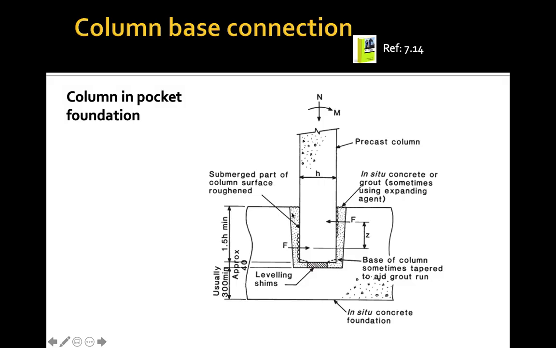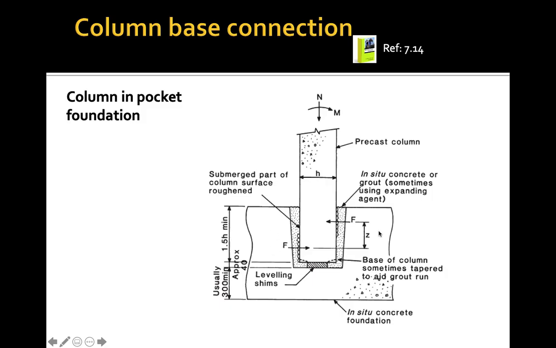We are going to have this pocket, which is the place where we put in the precast column. We are going to have the leveling shims to adjust the level. Then we have the in situ concrete foundation.